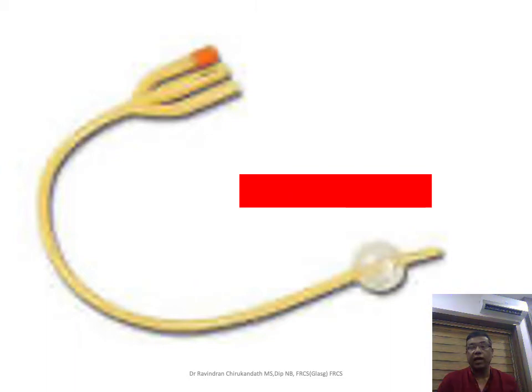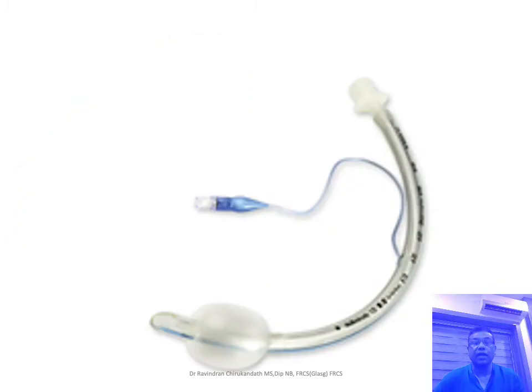So, for a child you use number 12, for a female number 14, and for an adult male, you use number 16 or number 18 catheters, and it has got a bulb which is inflated to around 30 to 50 ml, up to 30 ml, even 10 ml will suffice. And the trilumen catheter is used whenever you have TURP procedures, for irrigation of the bladder.